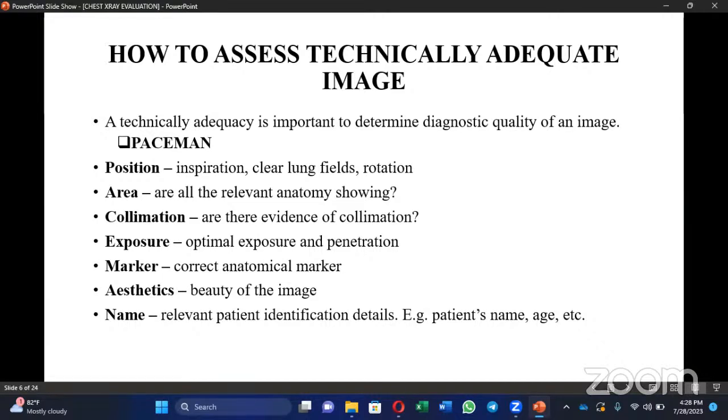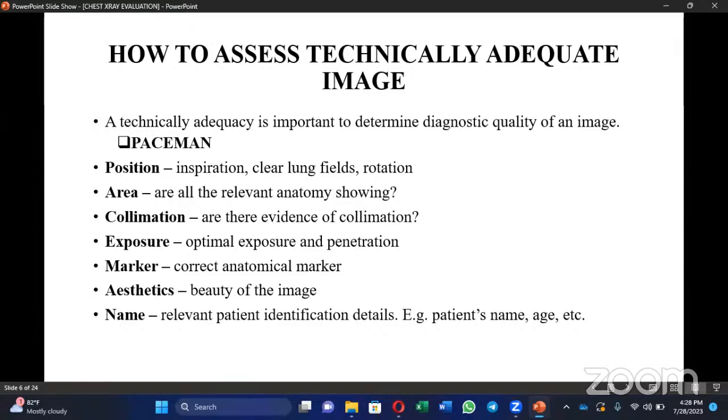Due to poor positioning and rotation within the image, we can make a poor diagnosis or misdiagnosis, and we can conclude that the significant shift of the trachea is as a result of a pathology, which is not. So it is very important to assess the rotation. And for a normal PA film, the rotation should be minimal.